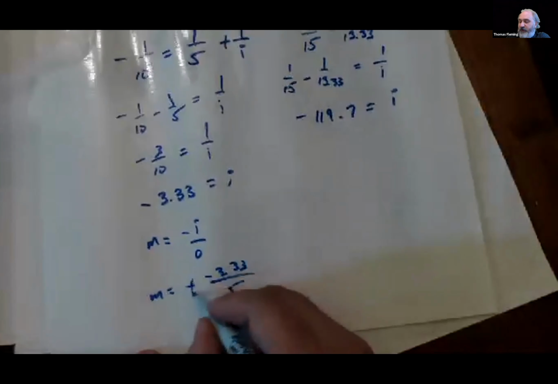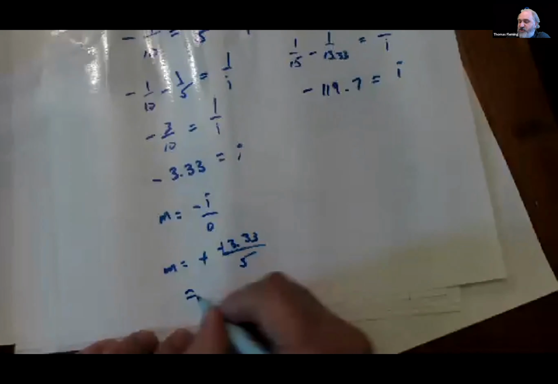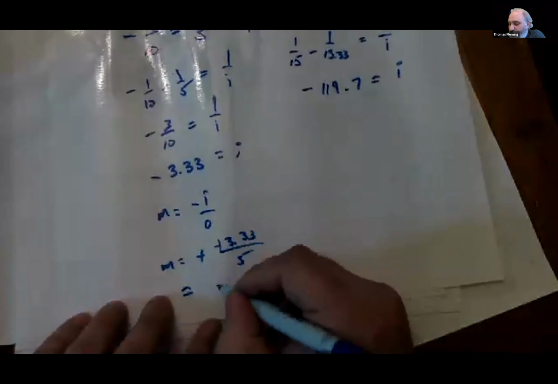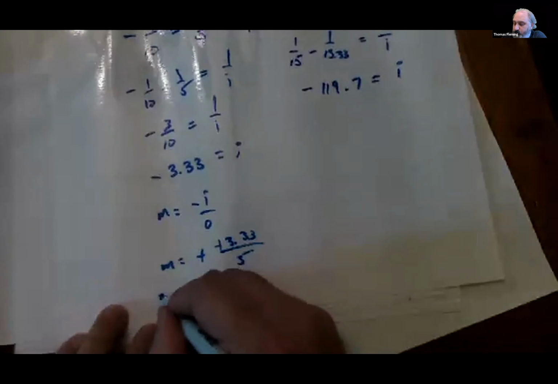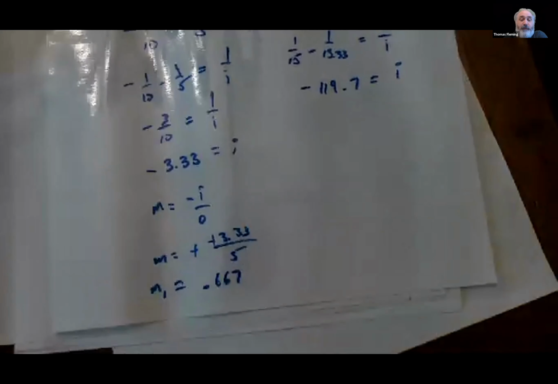The minus signs cancel, meaning the original image was upright, and it equals 3.33 divided by 5. It was 2/3 the regular size. Call that M1. Is everybody clear on where I'm getting that?